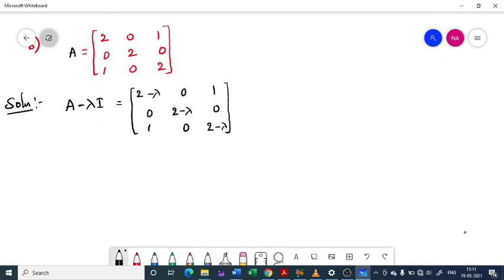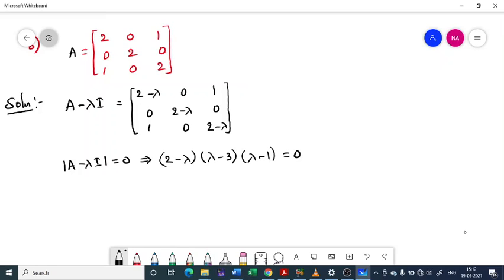Now determinant of A minus lambda I equal to 0 implies, after all simplifications, I am not going to do all simplifications here, it will be 2 minus lambda into lambda minus 3 into lambda minus 1 equal to 0.